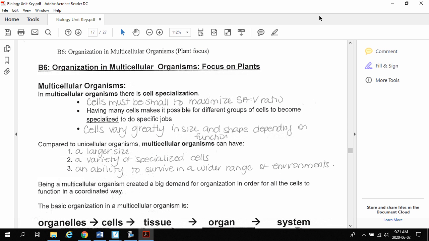So having many cells makes it possible for different groups of cells to become specialized to do different jobs. So if we think about our body, we have lots of different things. We have nerve cells that are communicating electronic messages from your fingertips to your brain, so sensory information.